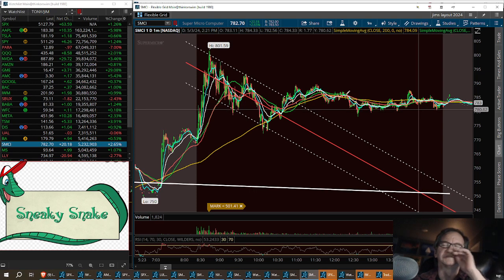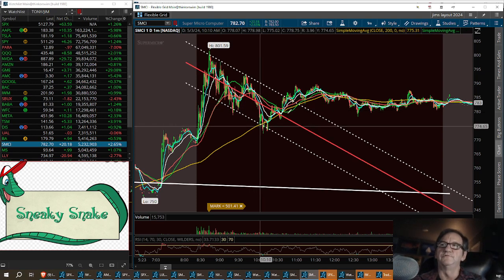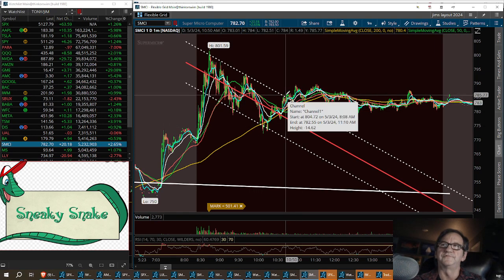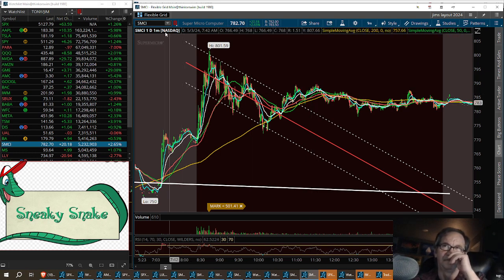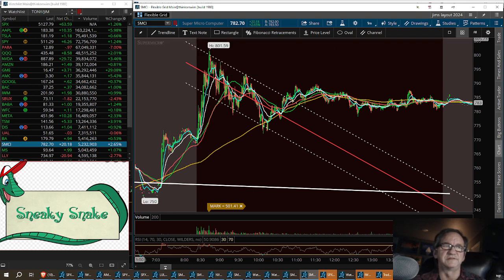We got this support level here. So you took it off the 200 and ran it up to the number 3, maybe got out of the trade. Or ran it on breakout, pulled back, and then got out at the double top. Now these contracts pay good. These contracts pay real good, SMCI.